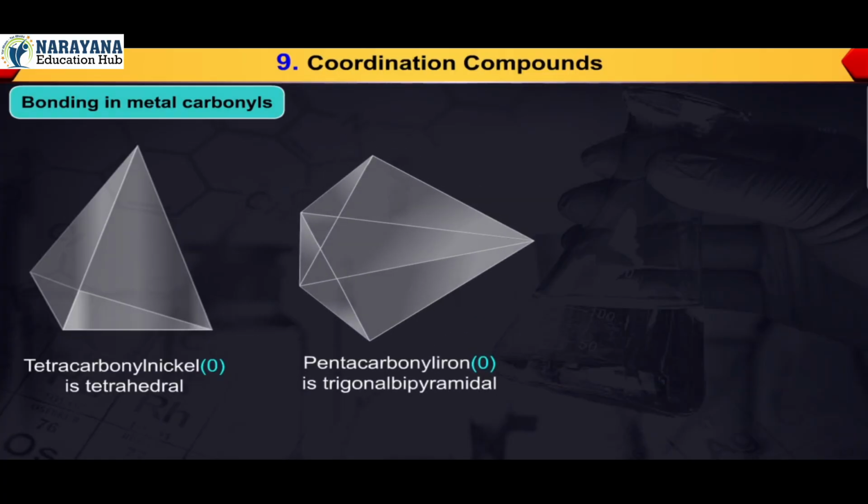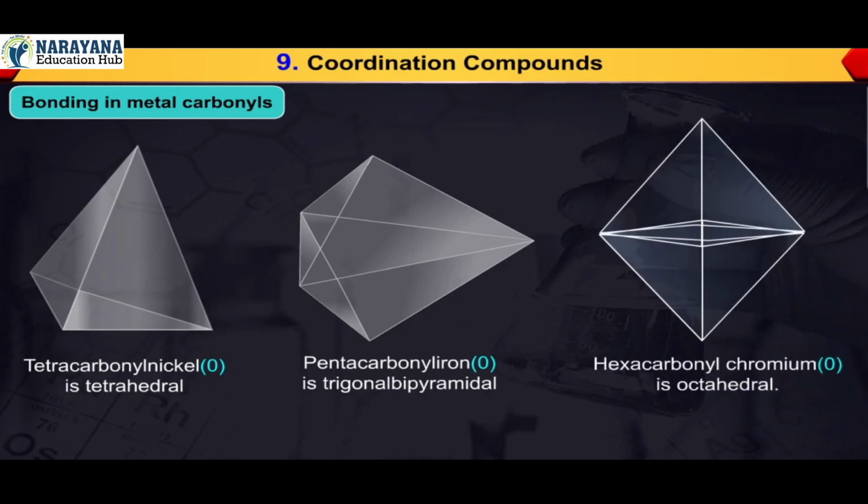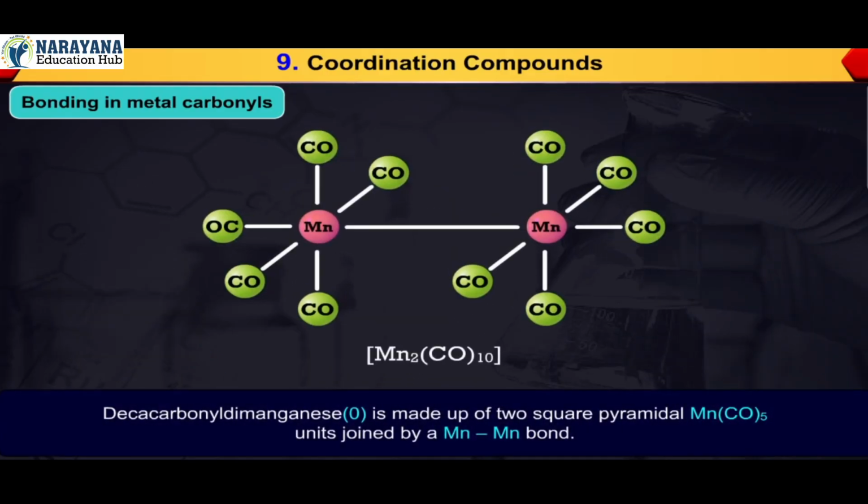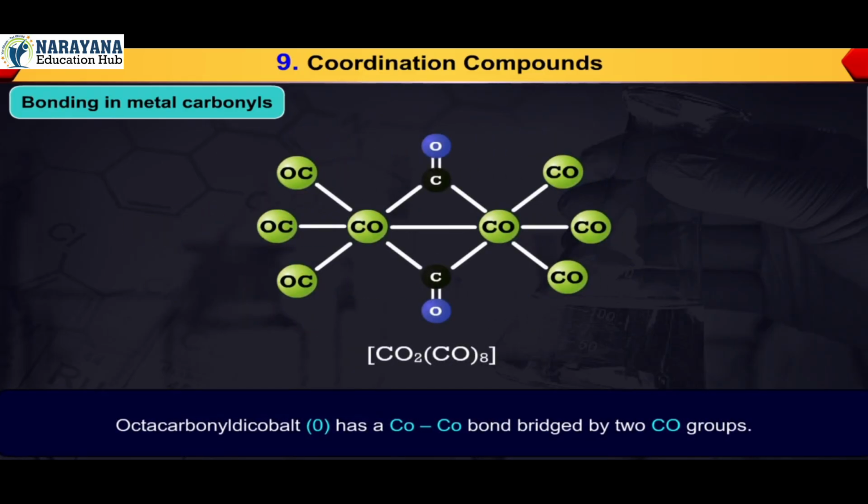Pentacarbonyliron(0) is trigonal bipyramidal, while hexacarbonylchromium(0) is octahedral. Decacarbonyldimanganese(0) is made up of two square pyramidal Mn(CO)5 units joined by a Mn-Mn bond. Octacarbonyldicobalt(0) has a Co-Co bond bridged by two CO groups.